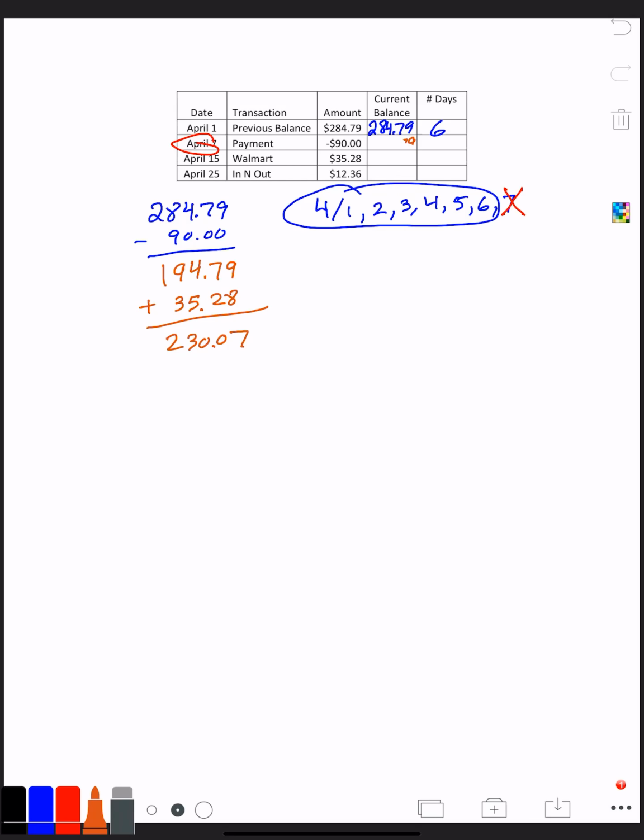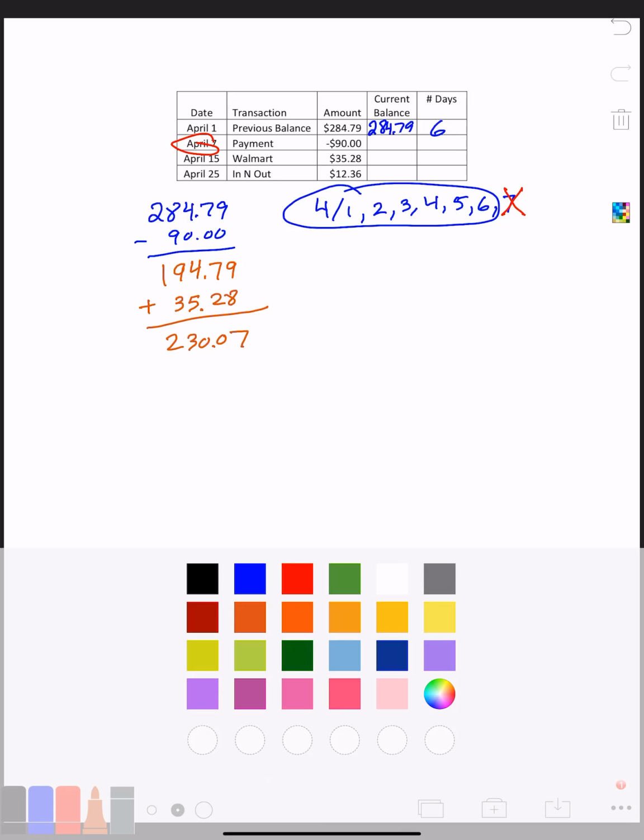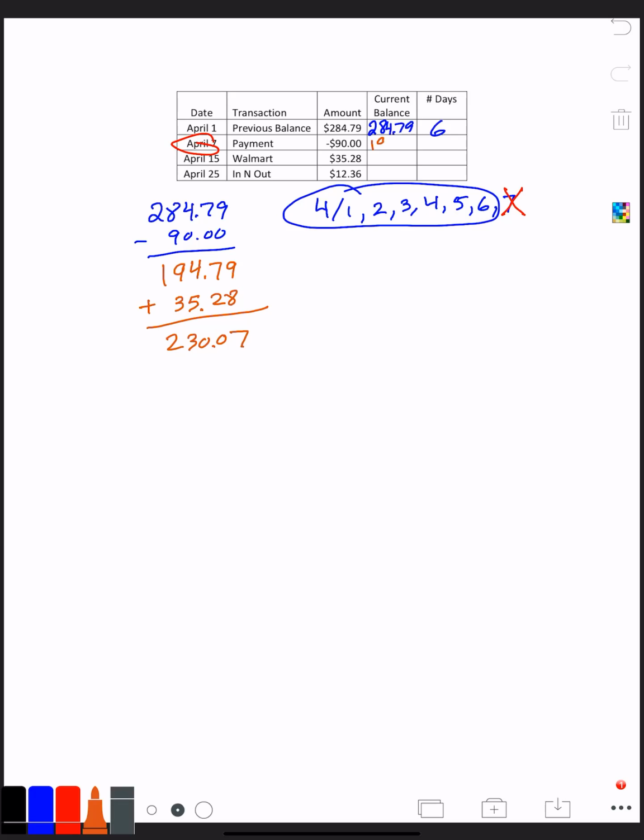So this one was $194.79. This one was $230.07. Again, we need to figure out how many days that was. So this time it was April 7th, 8th, 9th, 10, 11, 12, 13, 14, and then not 15, because 15 is when it changed. That's 1, 2, 3, 4, 5, 6, 7, 8 days here.